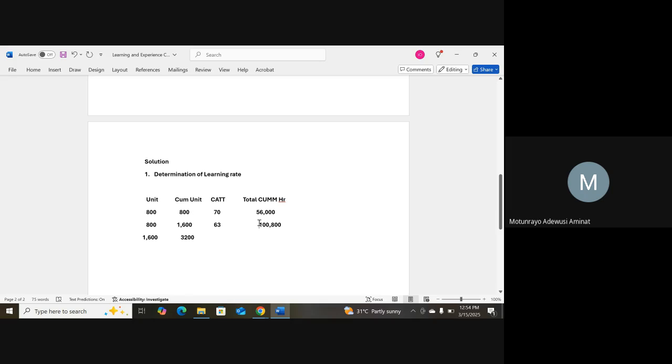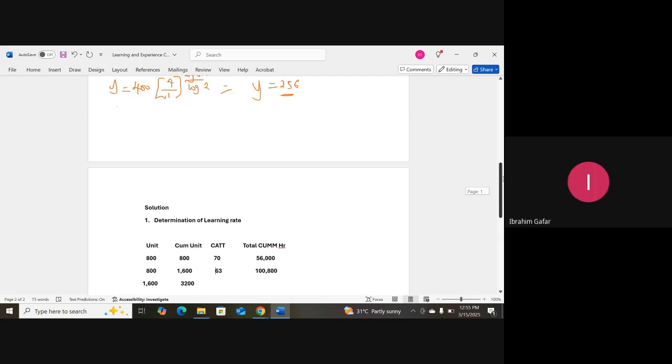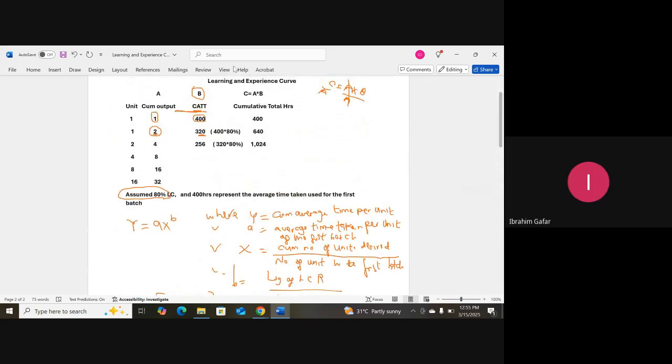I said I mean this CAT, the 70 and 63. Okay. When I did my first explanation here, I said if I want to get the cumulative total hour, it is A times B. Then let's assume it is B that you want to find.